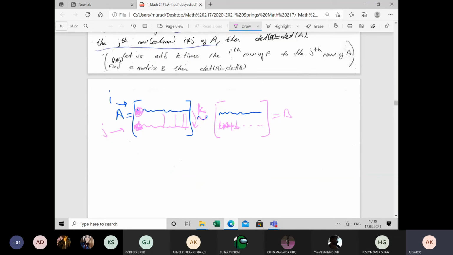So what can you say about the relation between B, k, and the determinant of B and the determinant of A?